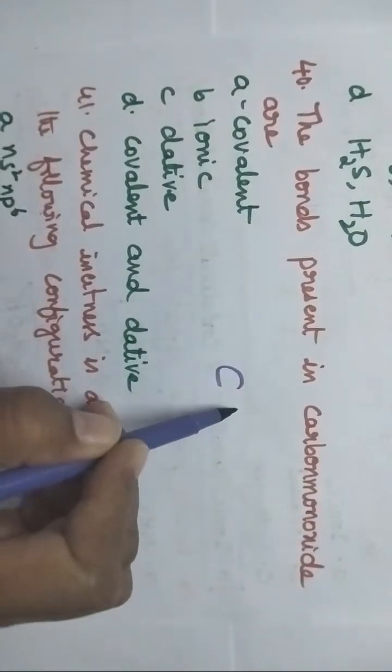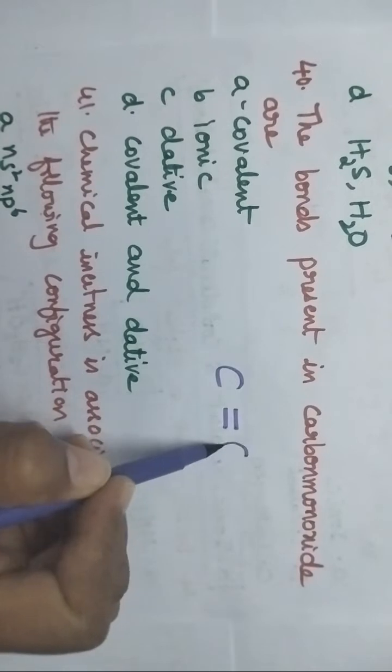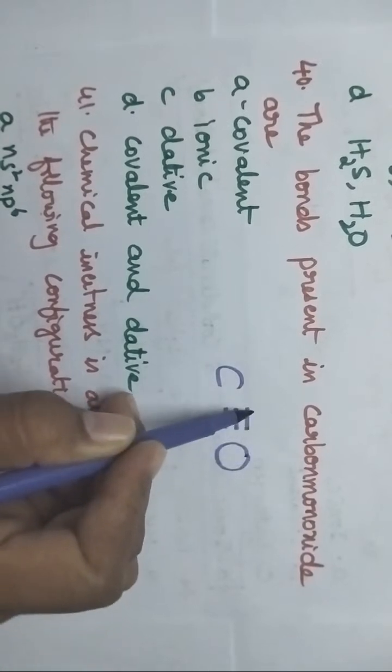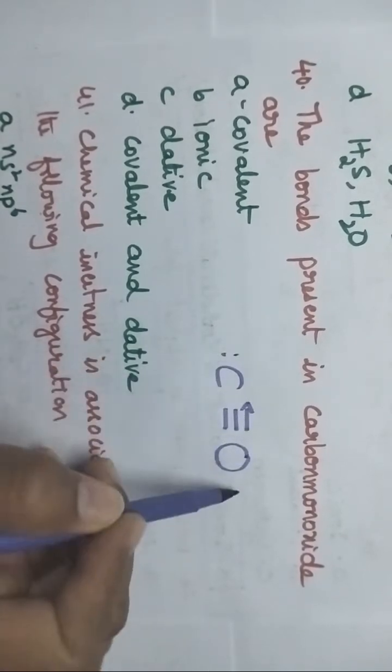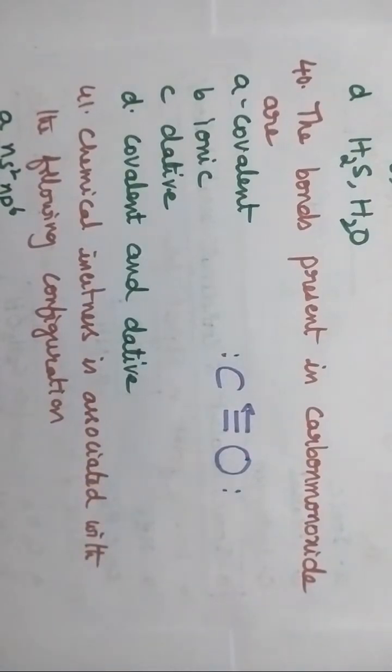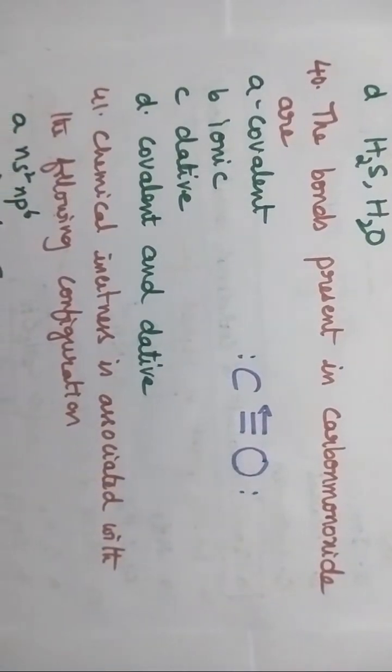Anyhow, I will give the structure. Now identify what type of bonds are present in carbon monoxide.